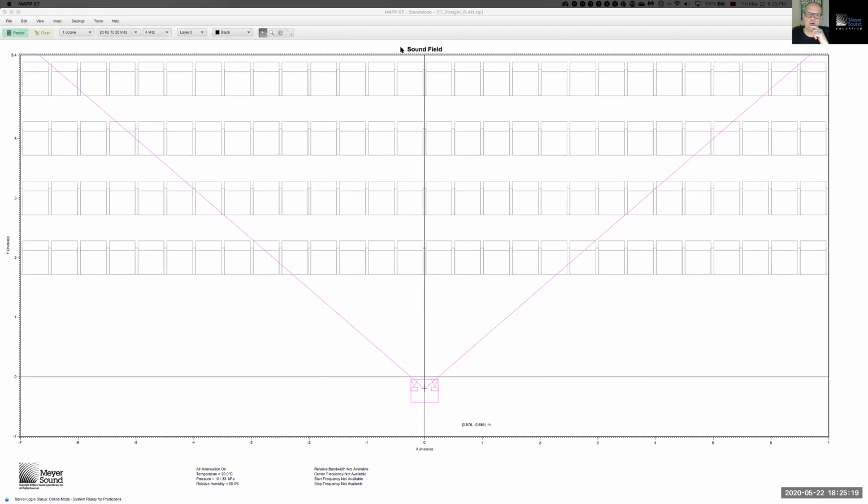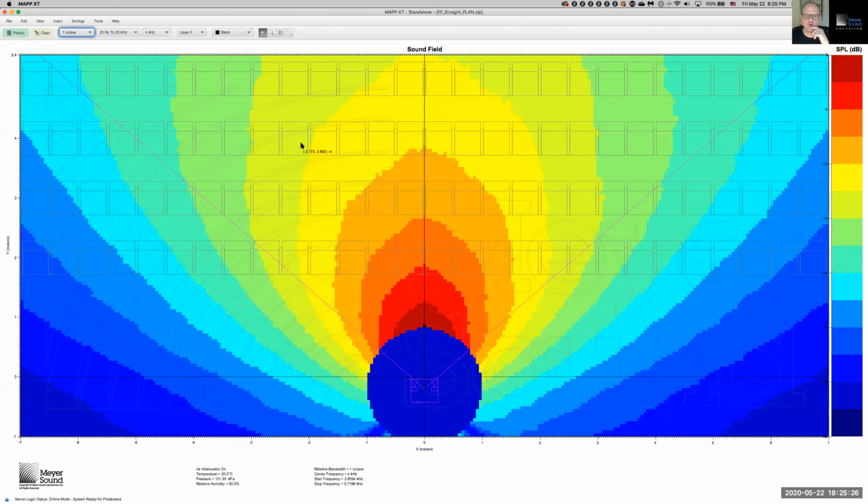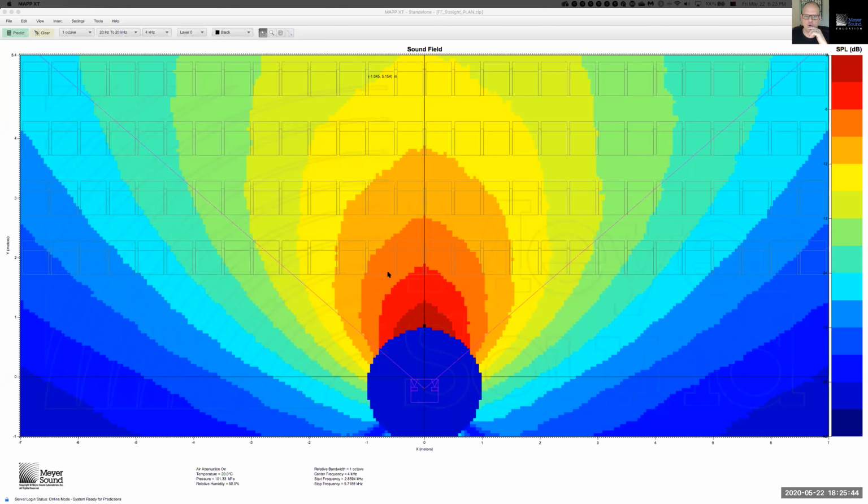of my loudspeakers. Because if we now look at a prediction and look at 4 kilohertz, 1 octave, those fresh and intelligible mid and high frequencies, then knowing that every color division is a 3 dB drop in level, we now clearly see that in this case, unlike the vertical, the horizontal angle at which you're listening, of course, is very important. Because if you're in the middle, then you're on axis to the loudspeaker, staring the loudspeaker in the face, you're good to go.